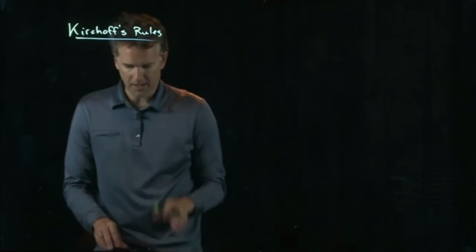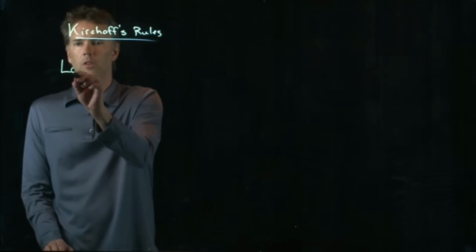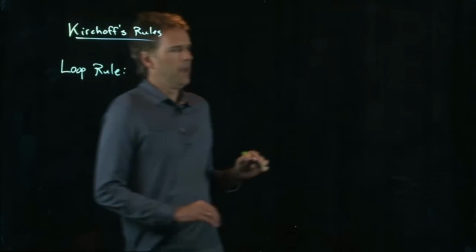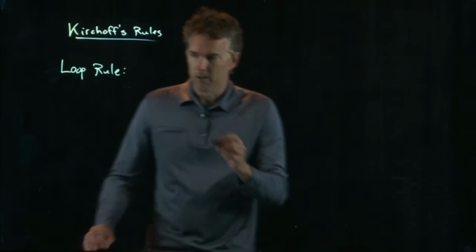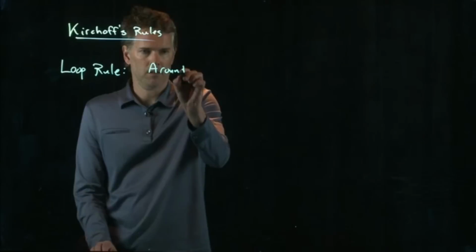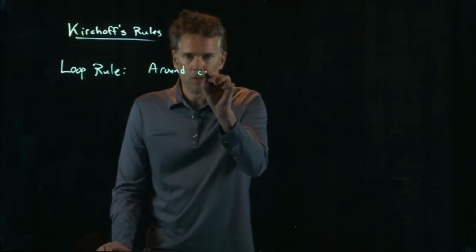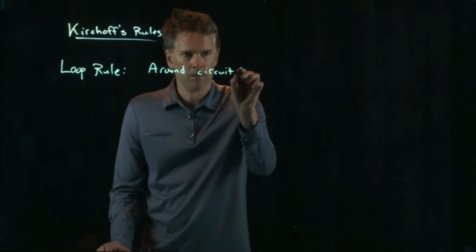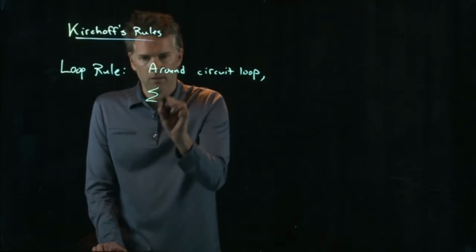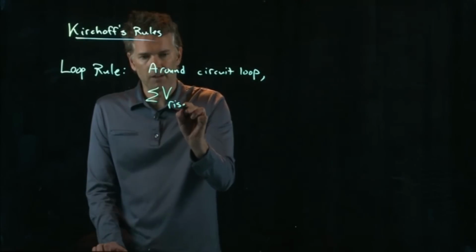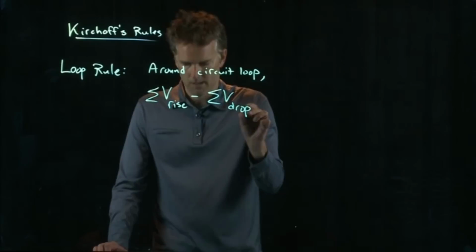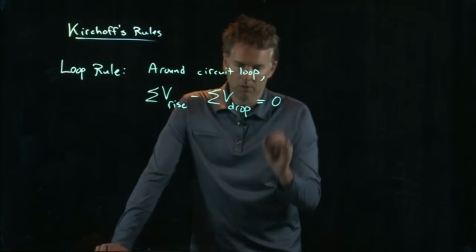Okay, the second rule is called the loop rule. And the loop rule says the following. Around a circuit loop, the voltages that are rising minus the voltages that are dropping has to equal 0.